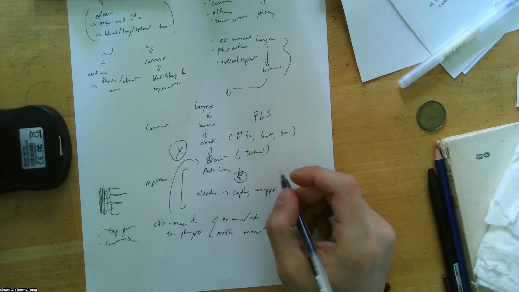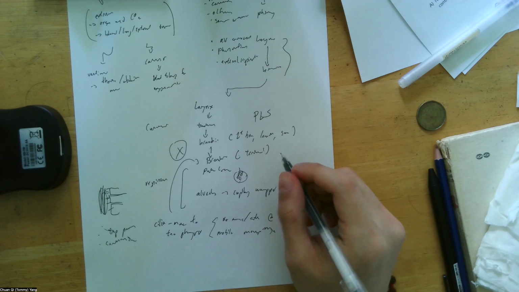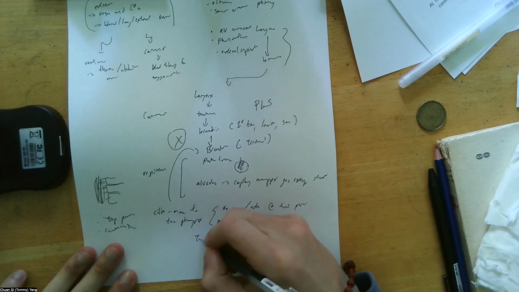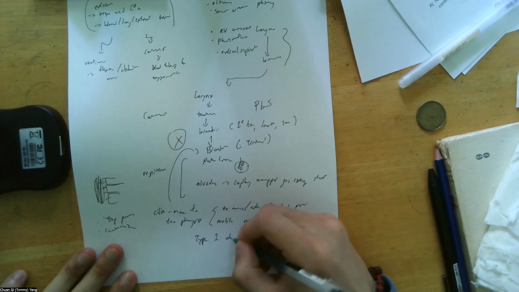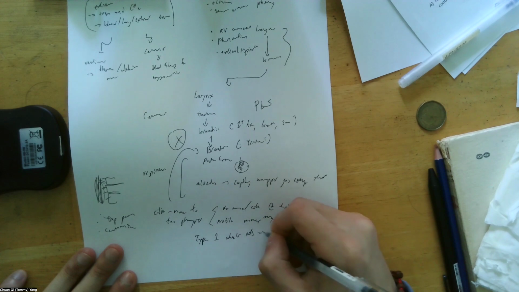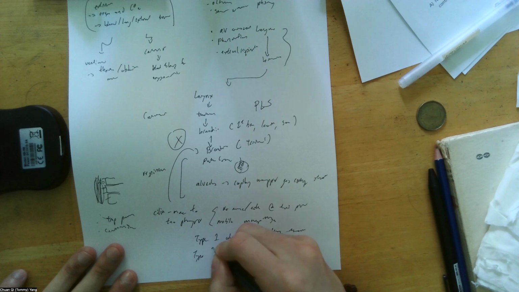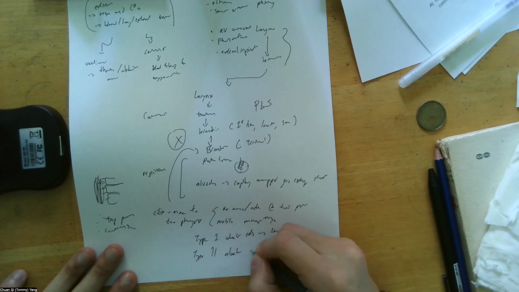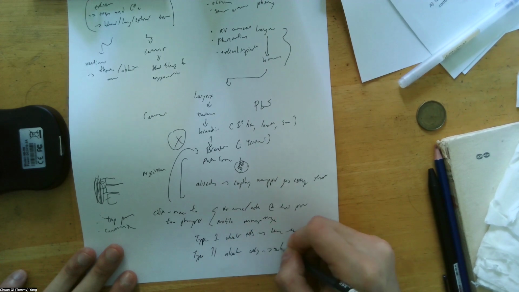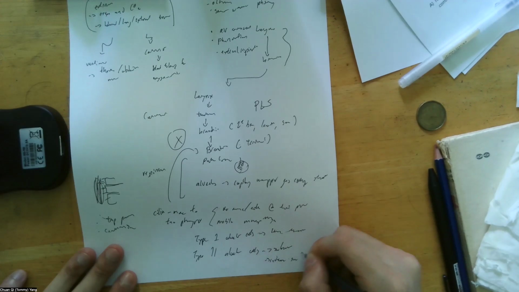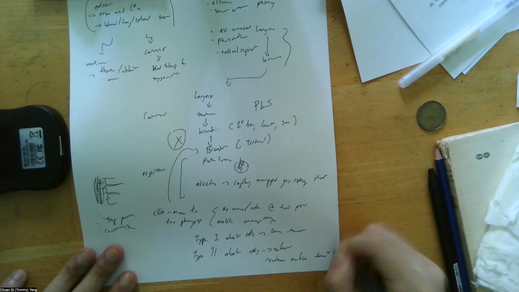Now, in the alveoli, there's a thin layer of type 1 alveolar cells that line the surface. There's also type 2 alveolar cells, and they make surfactant, which reduces surface tension.